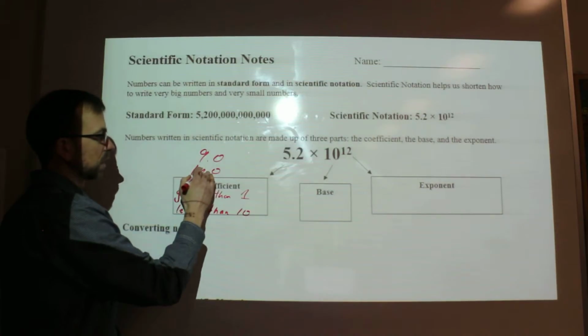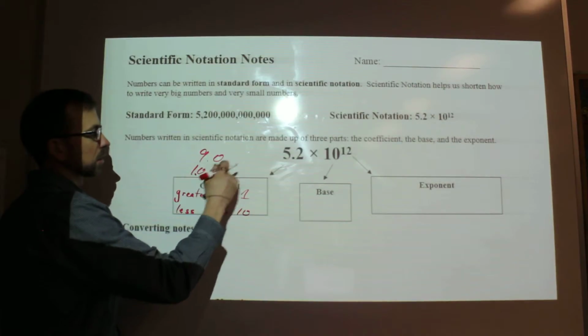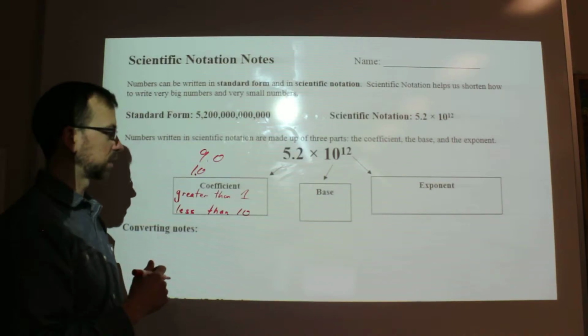So this 10 would be better written as 1.0, and then we would increase its exponent by one more. And that'll become clear in just a second.